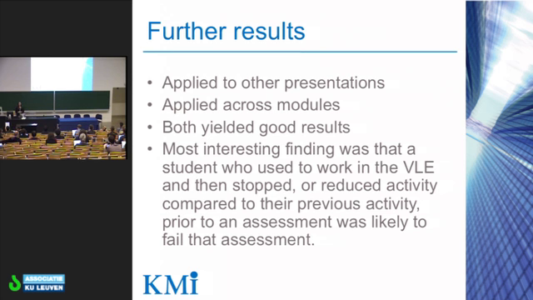The most interesting finding, and I think the key finding, was that what you need to look at is the behaviour of students and how it changes. As I said before, it's not really whether a student is clicking a lot or not very much, but if a student has started out clicking to some extent and then deviates from that behaviour, this is an indication that there may be a problem.